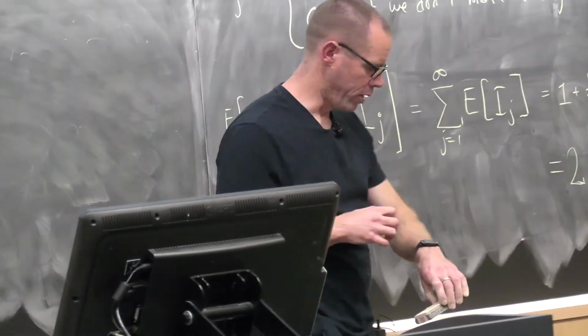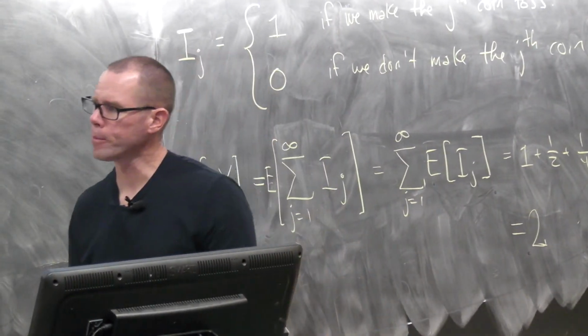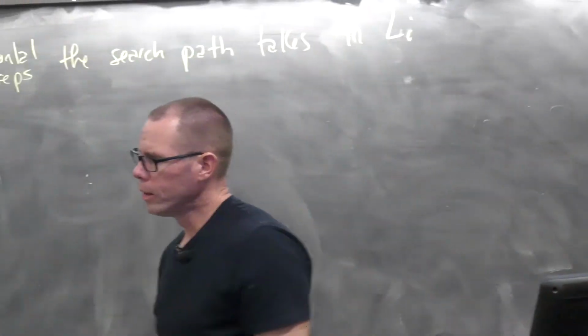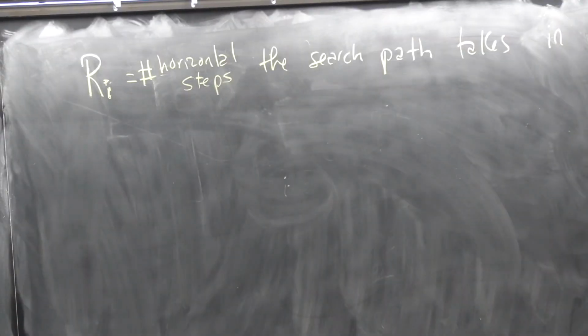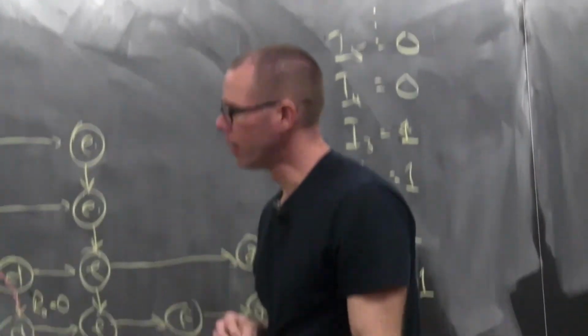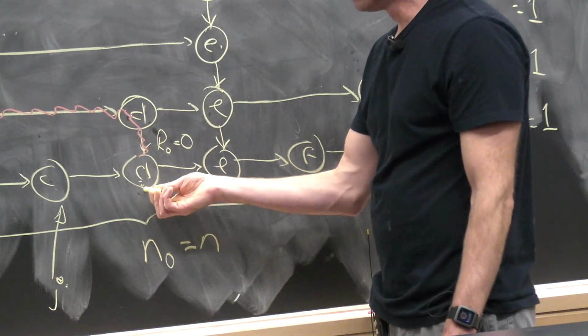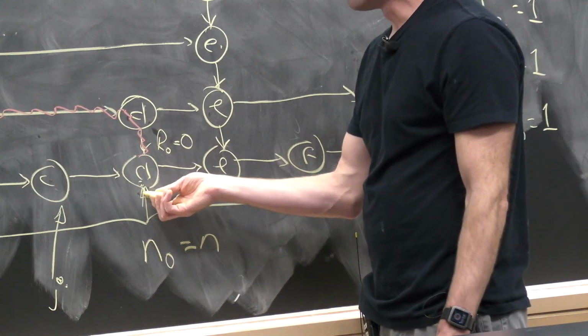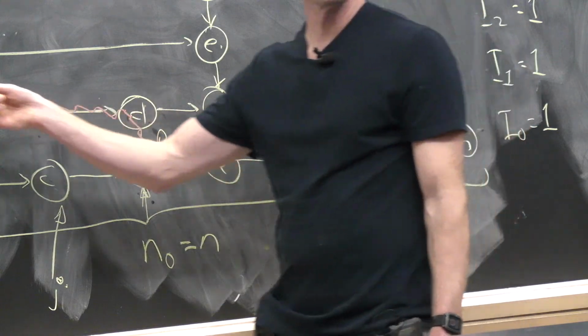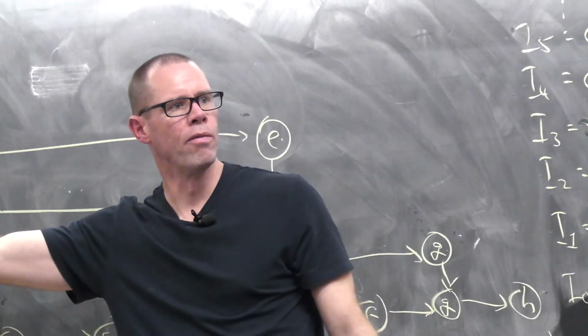So let's use our imaginations for a second. We imagine that we wake up here at this node in the bottom list, and we try and find our way, crawl our way out to the top left sentinel.